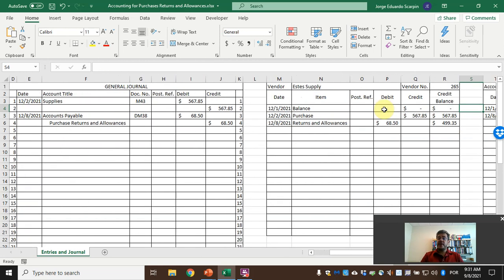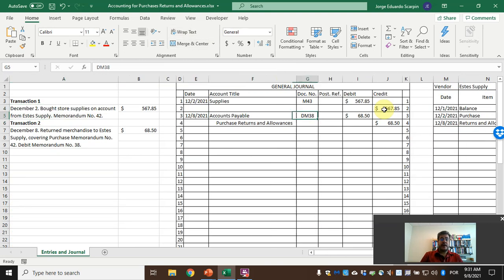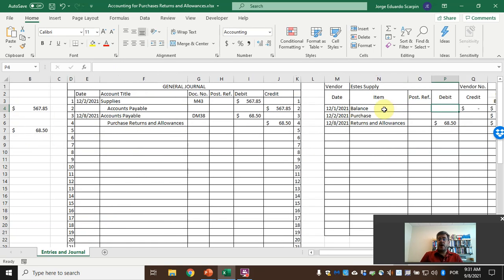So here, our special journal for our vendor, the one that we are purchasing from. Let's consider there is no beginning balance. And what we have here, the same day, December 2nd. What we are doing is a purchase of supplies on account. So sorry, here accounts payable. So our purchase of these supplies is on debit.